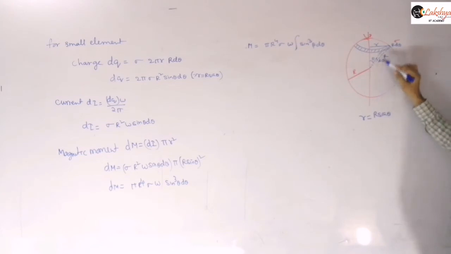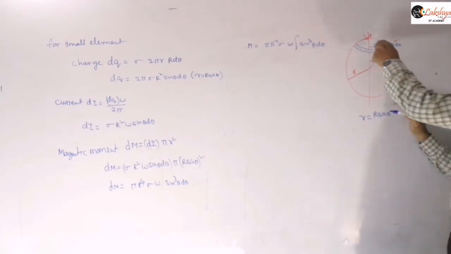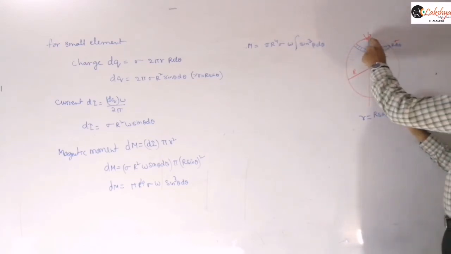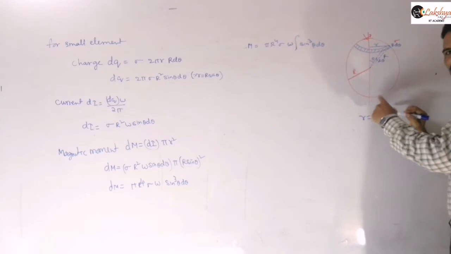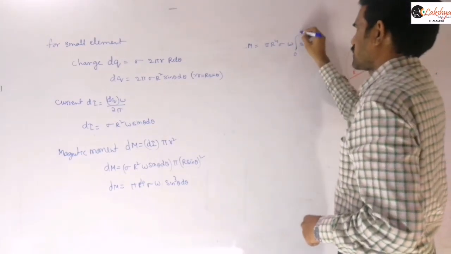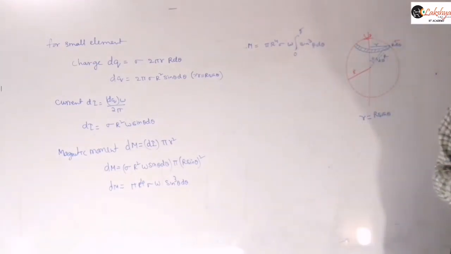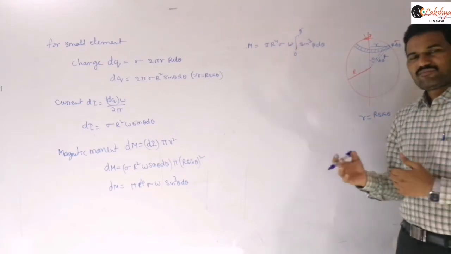For the magnetic moment of the whole sphere, 0 means you will be here, and pi means you will be here, so you will get the complete sphere. Then you simplify that and you will get the magnetic moment equation. You can also solve it by our q by m relation.